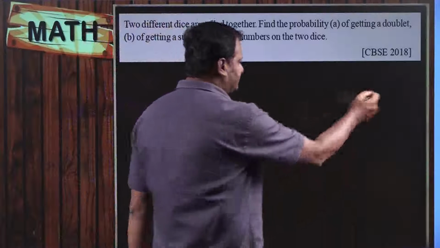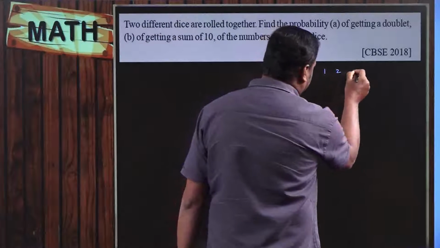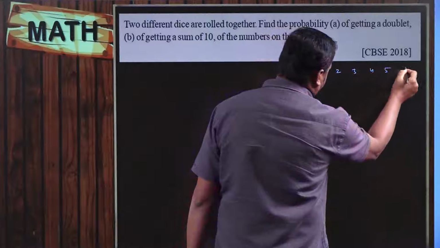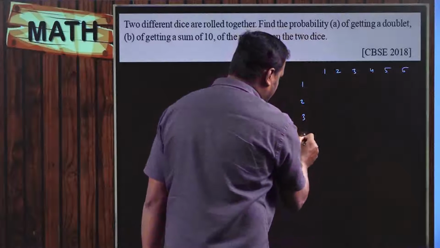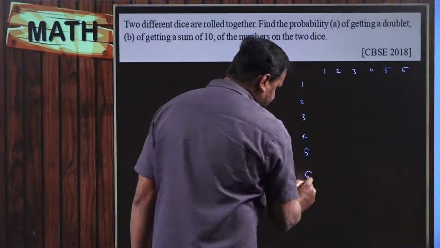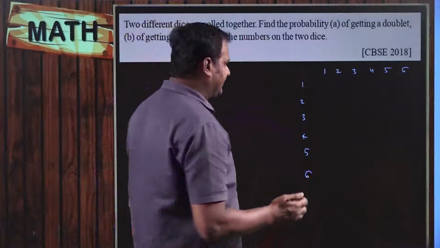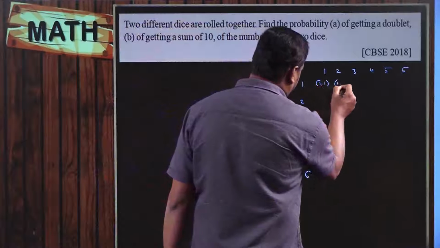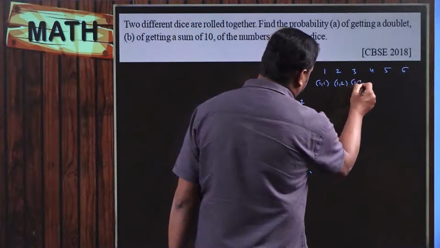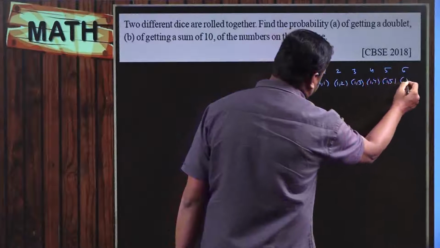Okay, so I'm just rolling here. The first die has 1 2 3 4 5 6, and the second die is 1 2 3 4 5 6. Now the possible outcomes that I'm writing here are 1 comma 1, 1 comma 2, 1 comma 3, 1 comma 4, 1 comma 5, 1 comma 6.